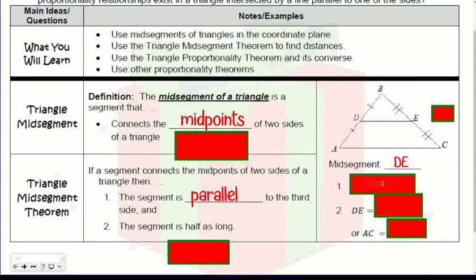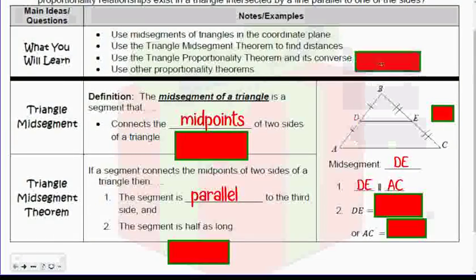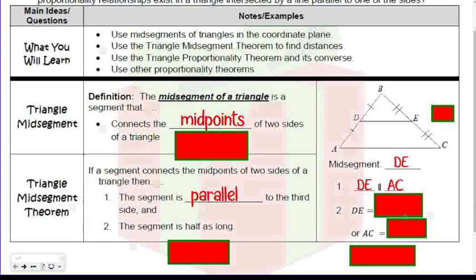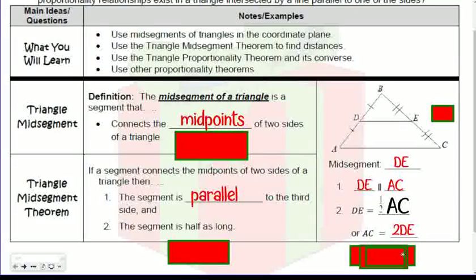So DE is parallel to AC and DE is half of AC. Or think about it: if DE is half of this side, then doesn't that mean this side right here is twice as long as the mid-segment?